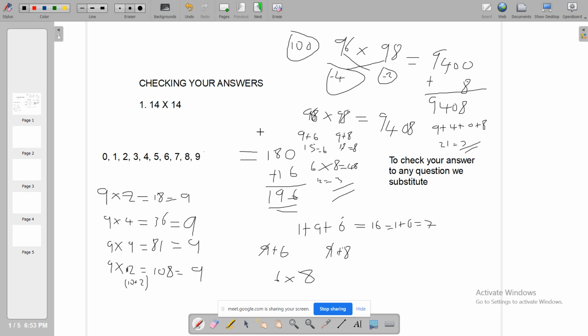We added, got 15 and got 6 here, then we got 17, we added 8 and we came back. So we are just repeating. 9 is just repeating itself, so we just cancel it out. So now we come straight to 8 times 6, which gives us 48.